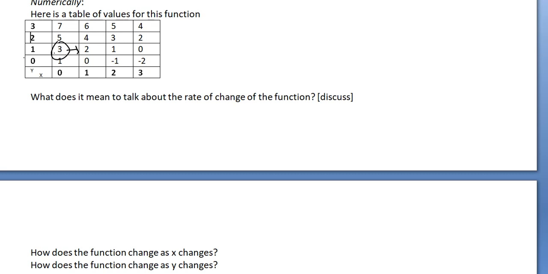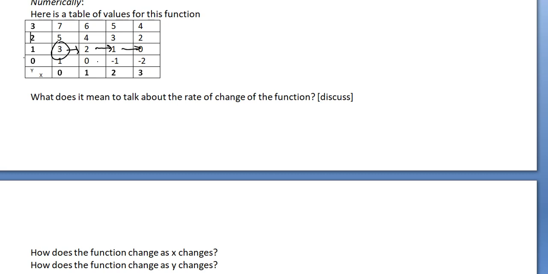And you can see that as x increases by 1, the value of the function goes down by 1. And then if you keep going, that's still true. X goes up by 1, the function goes down by 1. And again, x goes up by 1, function goes down by 1.